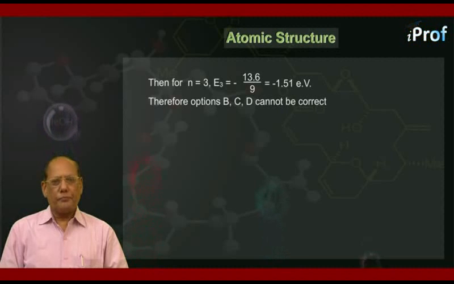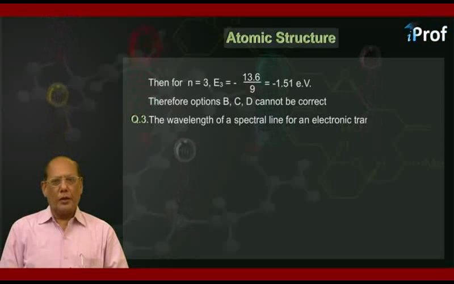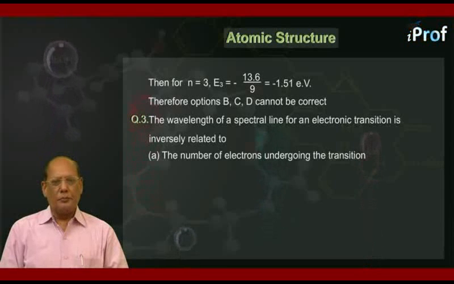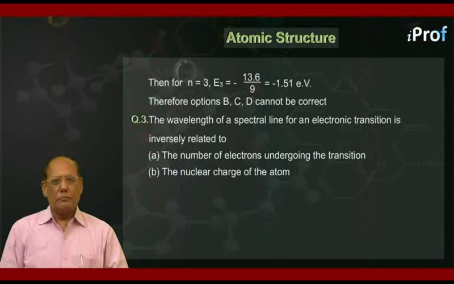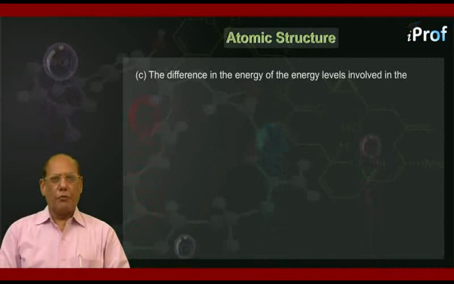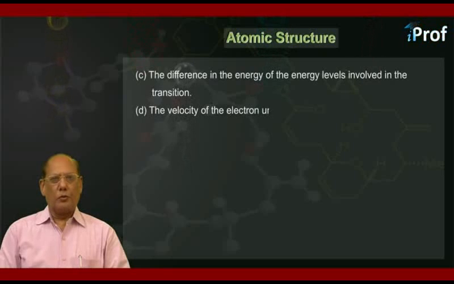Question number 3. The wavelength of a spectral line for an electronic transition is inversely related to: A, the number of electrons undergoing the transition; B, the nuclear charge of the atom; C, the difference in the energy of the energy levels involved in the transition; D, the velocity of the electron undergoing the transition.